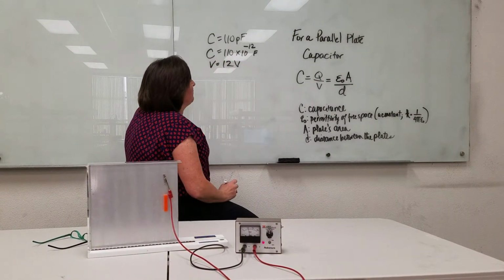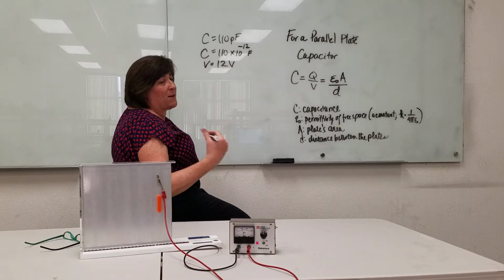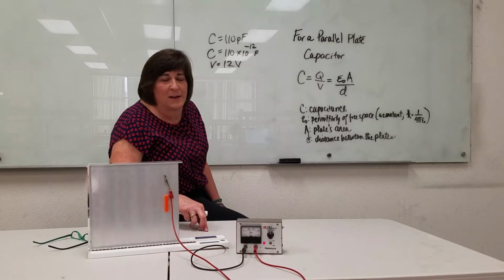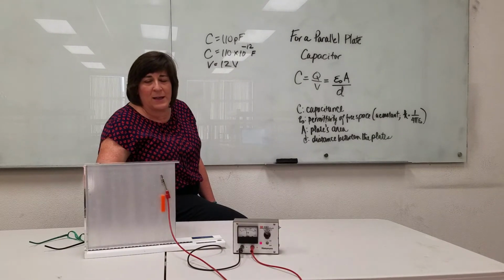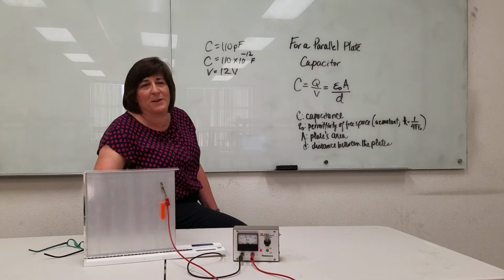So if I want, I can calculate now the charge Q that develops on each of these plates. The plate that's connected to the negative side of the battery will have a negative Q, and the plate that's connected to the positive side will have an equal Q, but it'll be positive.